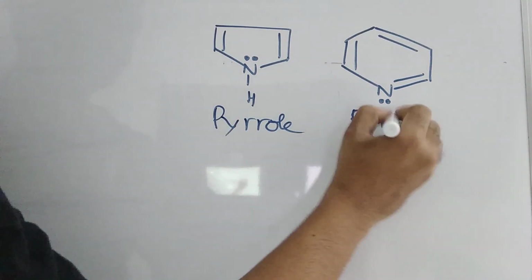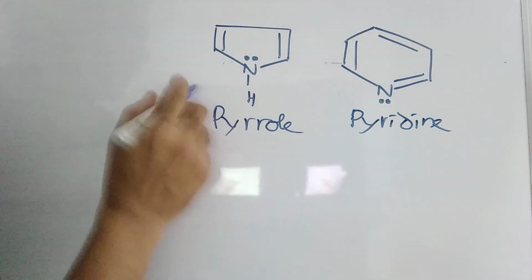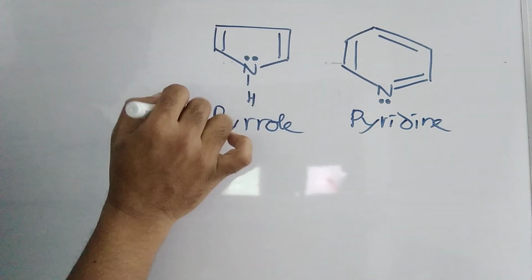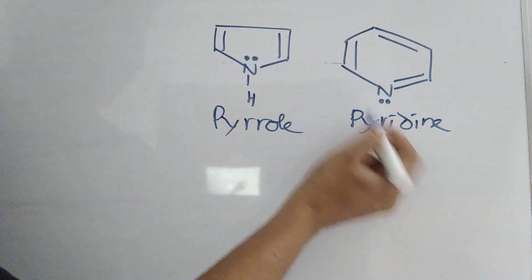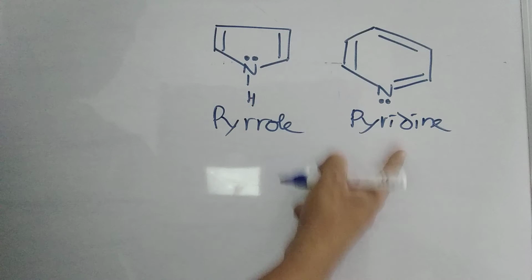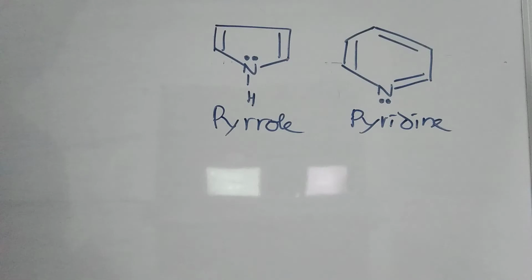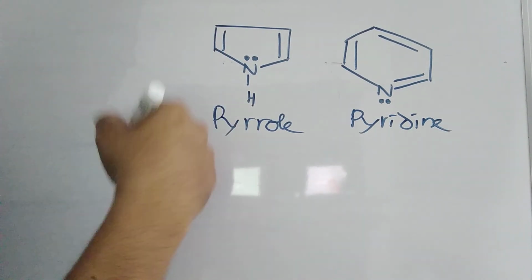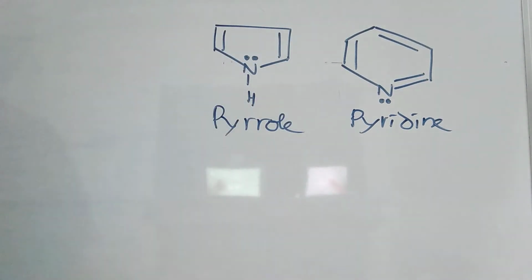But the problem with pyrrole is its lone pair is in conjugation. Without its lone pair, it is not aromatic. But here there is no need of this lone pair, so this lone pair can be given out easily. So it's a stronger base compared to pyrrole. In pyrrole, this lone pair is mandatory for the delocalization, or you say aromaticity purpose. In this case, no need of that electron pair which is present on the nitrogen. That's why pyridine is going to be a better base than pyrrole.